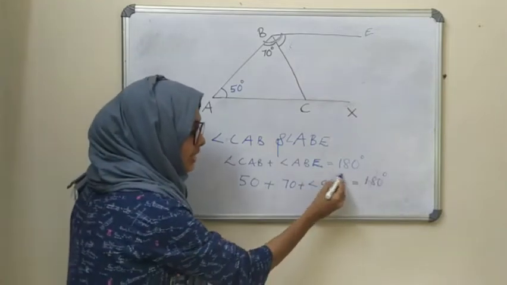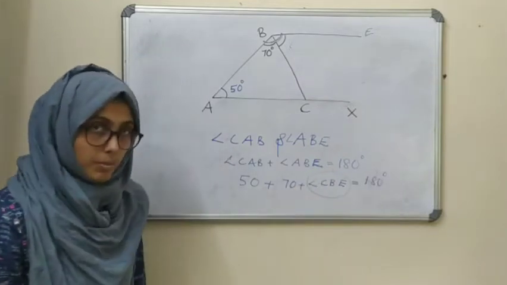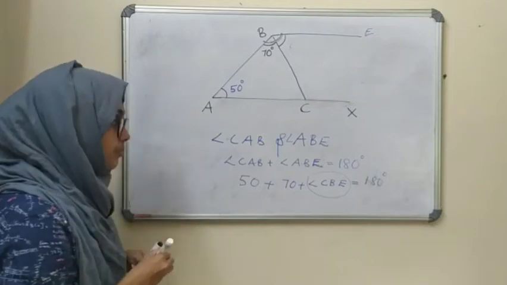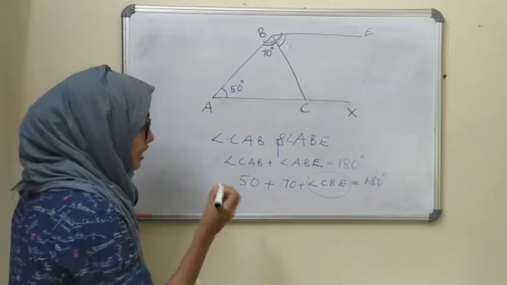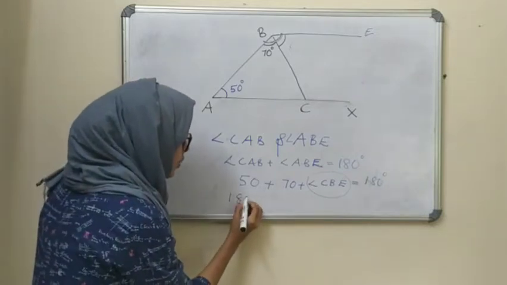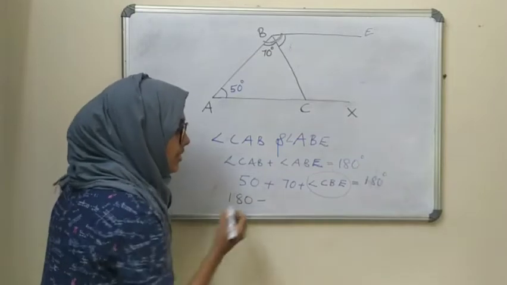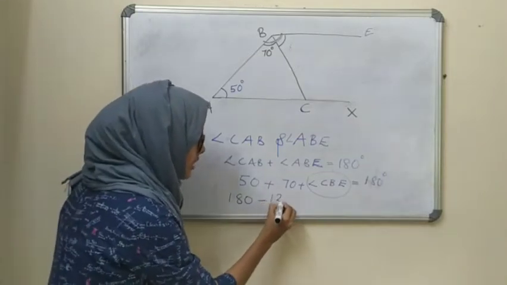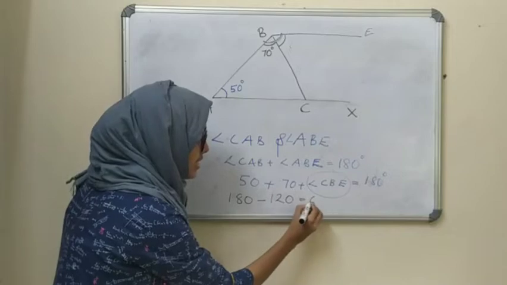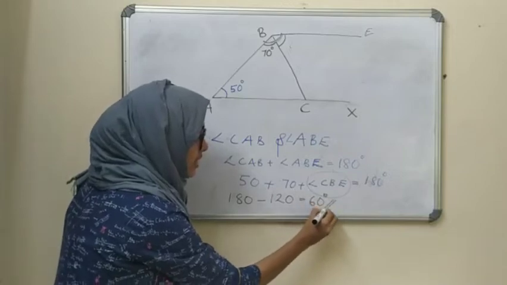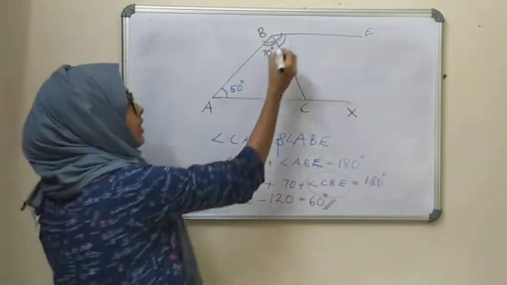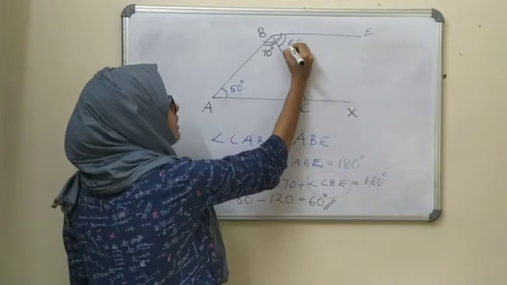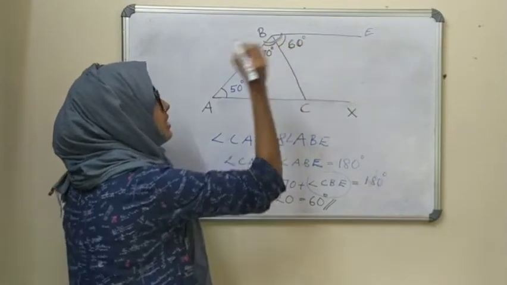What will be this angle? It is very simple. We will subtract 50 plus 70 from 180. That is 180 minus 120, which is 60 degrees. So now we got that here the angle is 60 degrees.